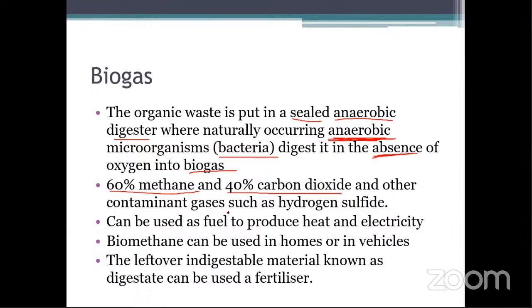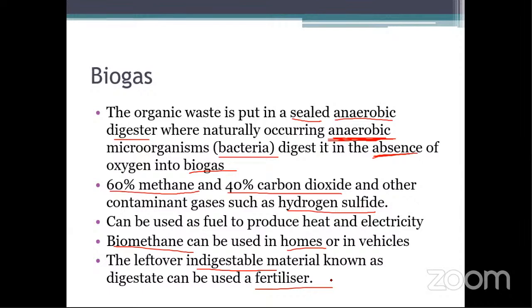They also produce other gases such as hydrogen sulfide. That is why when you smell that rotting container with all of that, it stinks because of this hydrogen sulfide gas. So you can use biomethane to fuel cars and to heat homes. And then the undigestible material that the bacteria did not break down, you can still use as fertilizer.